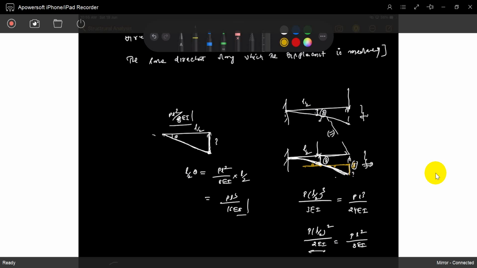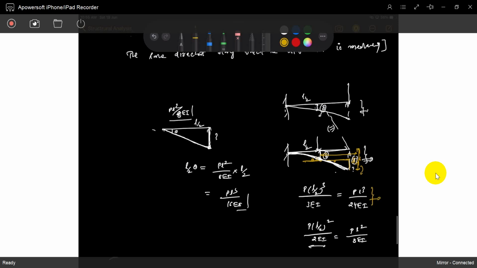See, this small portion is PL cube by 16EI. And for the top portion, we already know this is the displacement, PL cube by 24EI. So up to that, the remaining portion is PL cube by 16EI.